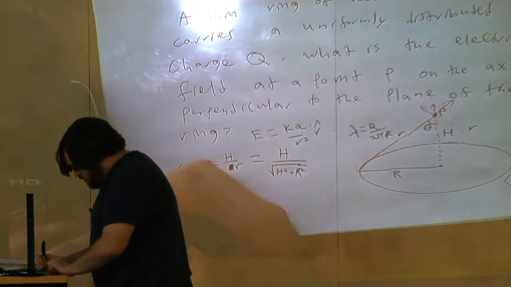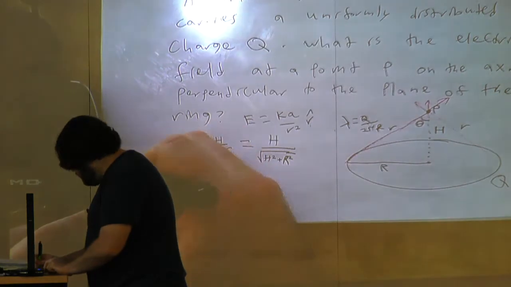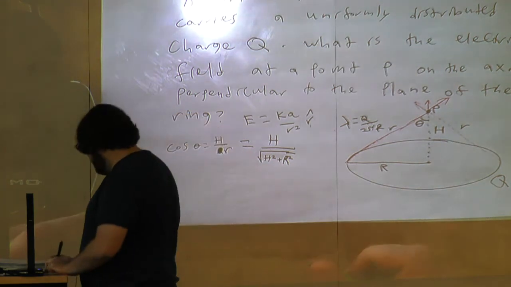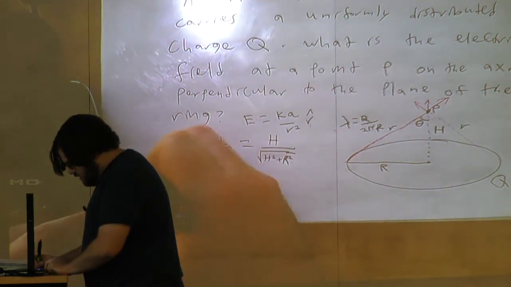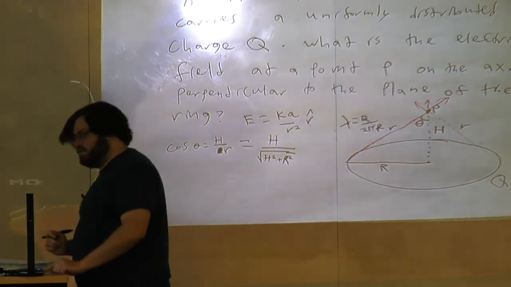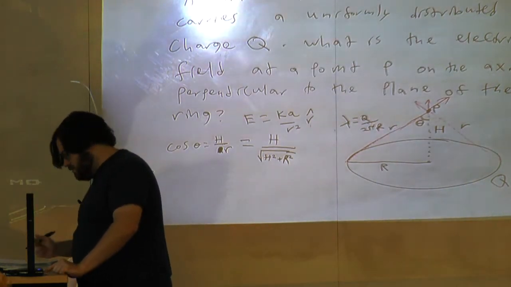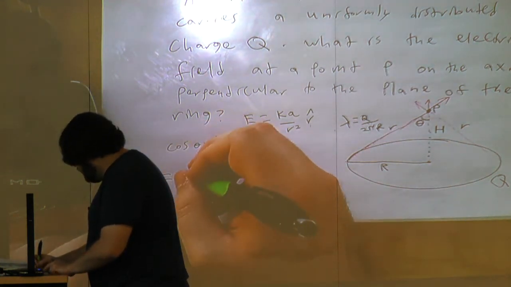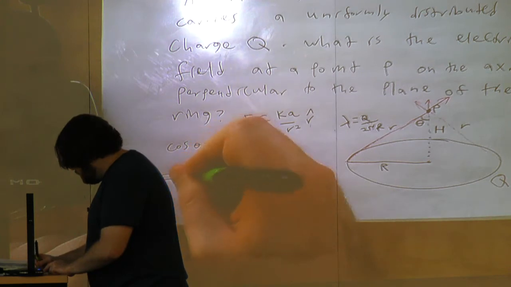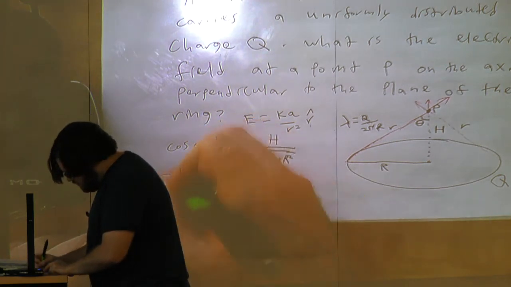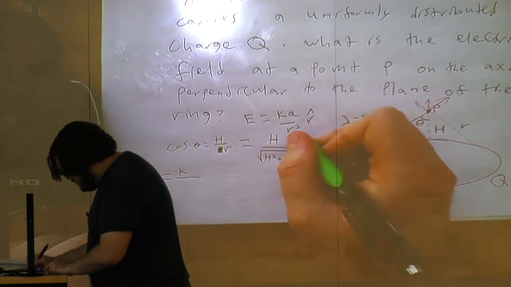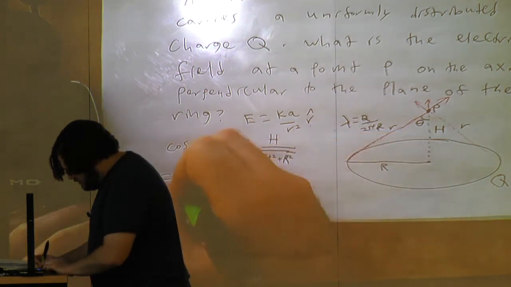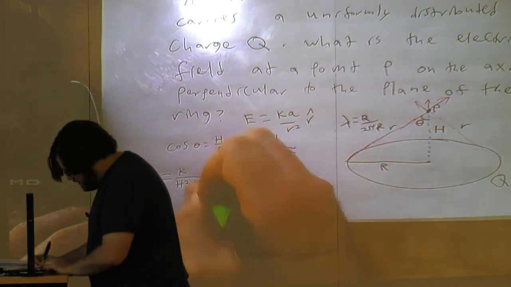So we're going to need to integrate across the length of the circle and add up all the field. So the integral of dE from 0 to 2 pi. We can't just integrate that. We have to do a substitution. K. So now little r squared is h squared plus big R squared.